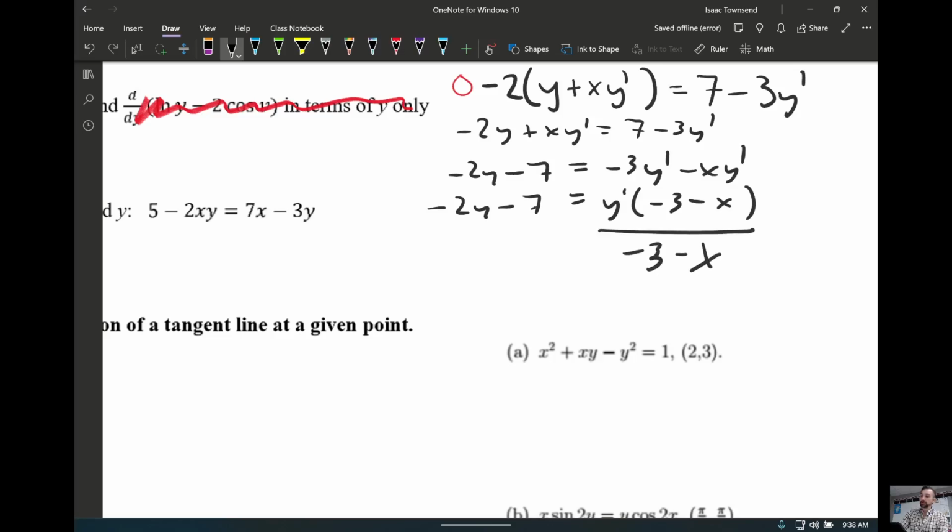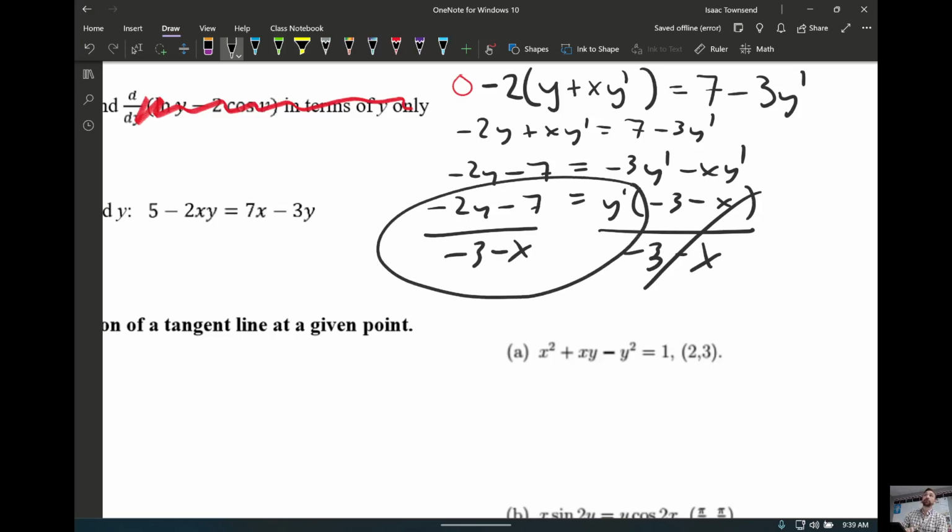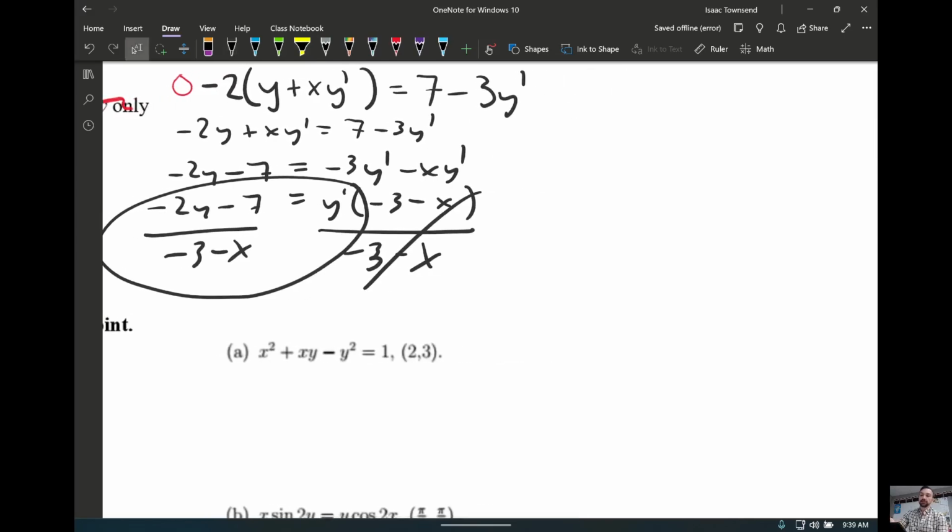And then you can always get rid of it with division. So there's my first derivative. In fact, this fact that everything's negative, I'm going to go one more step. I'm just going to multiply the top and the bottom by -1. Just change all those signs.